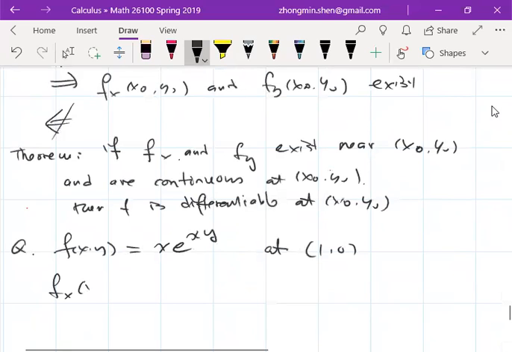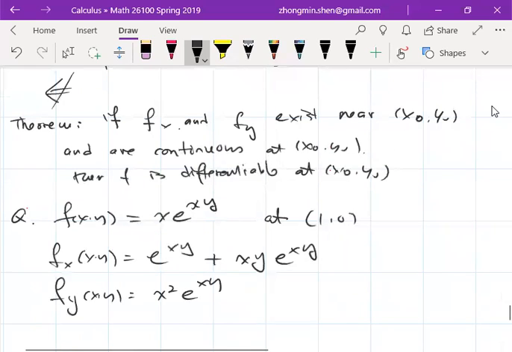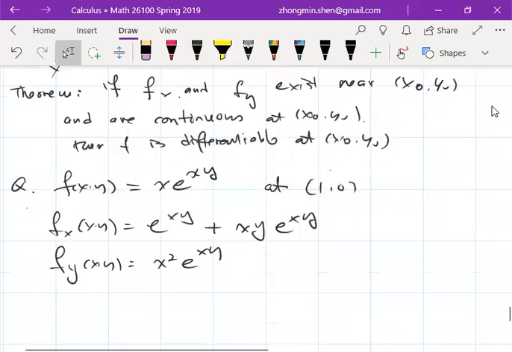So let me find the partial derivatives. When you differentiate with respect to x, you get e to the xy, plus x times the derivative of e to the xy with respect to x, which gives a y. That's the first one. Then I differentiate with respect to y, and I get x squared e to the xy. Now, clearly both exist nearby the point (0, 0). Of course, we found the derivatives.